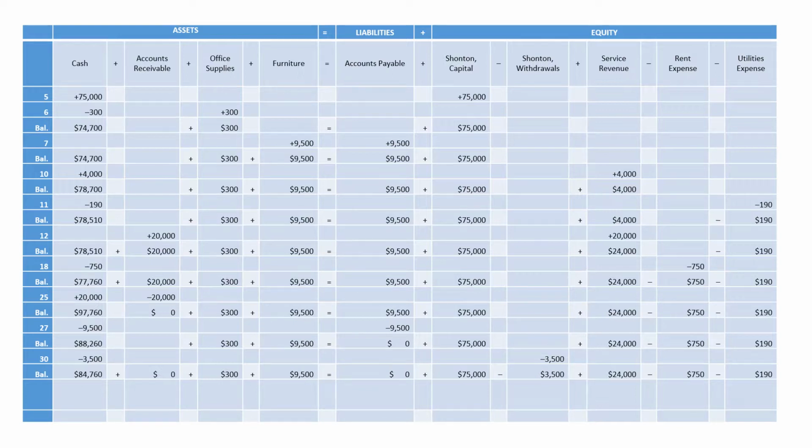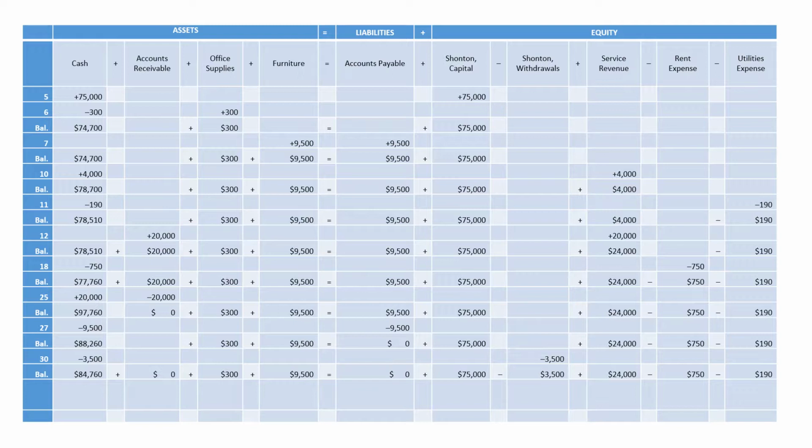Let's do the same process on the other side of the equation. Well, there are no liabilities. We're going to add the $75,000 in capital, subtract the $3,500 in withdrawals, add the $24,000 in revenue, and then subtract the two expense amounts of $750 and $190, and we get $94,560.